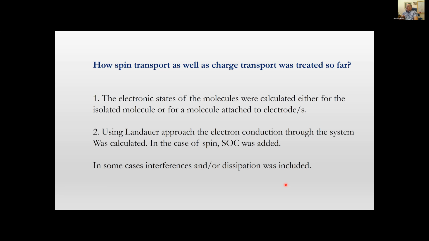However, in molecules, when you apply a field on the molecule, you actually change the molecule. The field itself changes the overlap between the atomic orbitals in the molecule and changes the energy levels of the molecule. So this approximation is not a good approximation when we try to calculate conduction through a molecule.